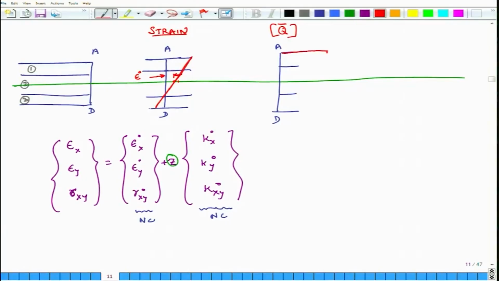For a given layer it is constant, because for a given layer theta is constant and the material is the same, and as you move from one layer to another, the Q bar matrix jumps. So, this is how Q bar changes. And finally, we look at how stress changes.